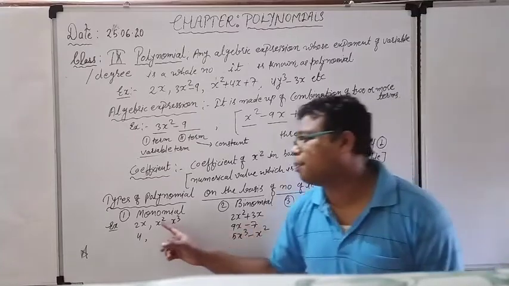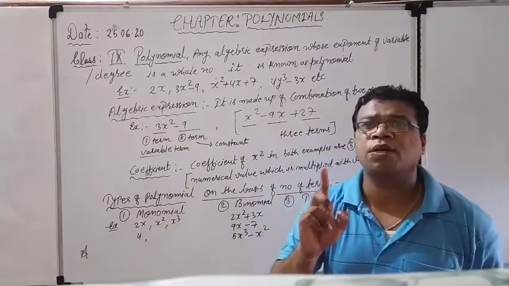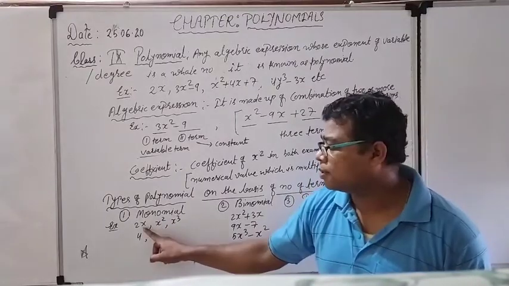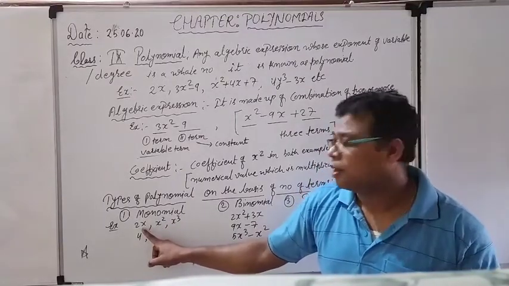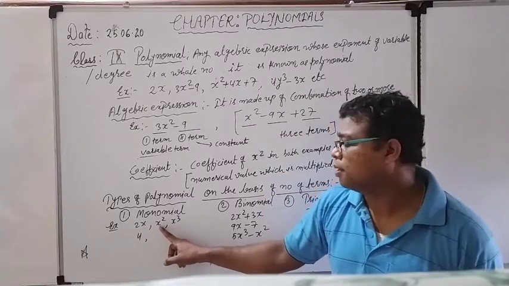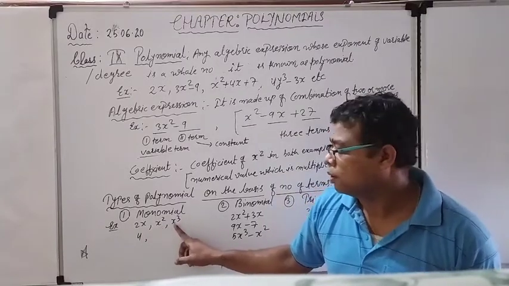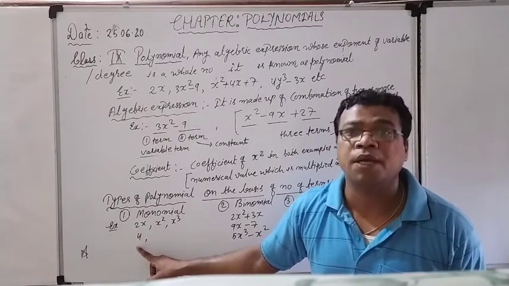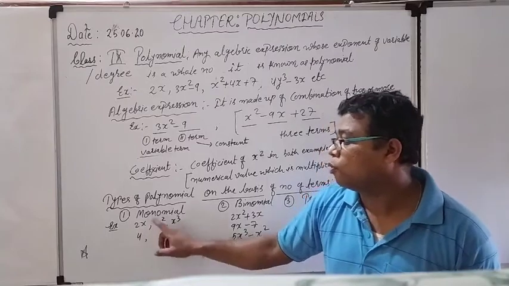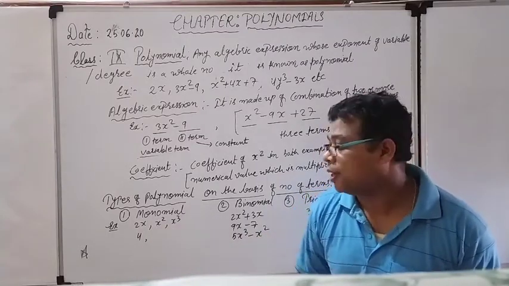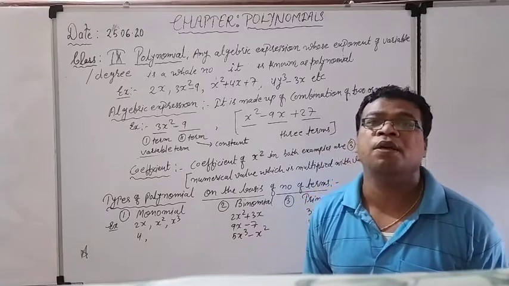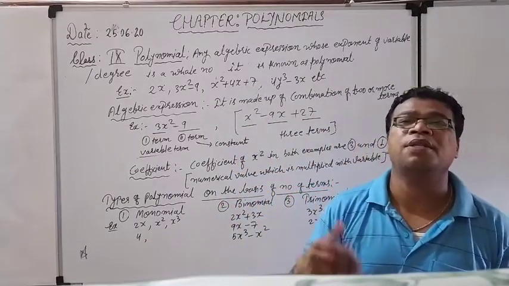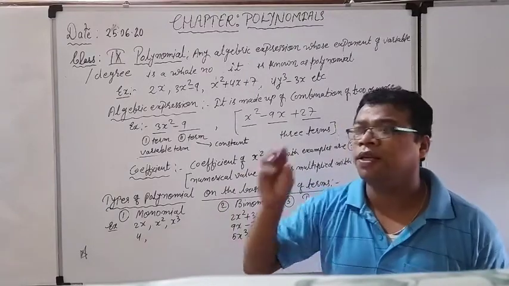Okay, right now see the example of a monomial. Because I have to consider only one term, that one term may be anything, like 2x, again one term is there, like x square, again only one term, it may be x cube also, or 4. What is the 4 here? 4 is also an example of a monomial kind of polynomial, and it is known as the constant polynomial, because there is no variable term, or you may say the variable term is absent, and only the numerical digit is there.